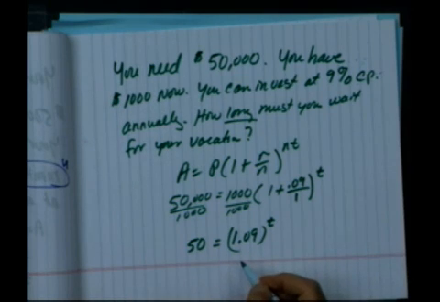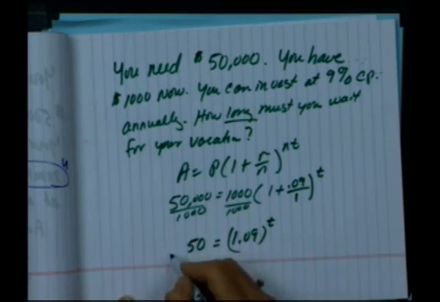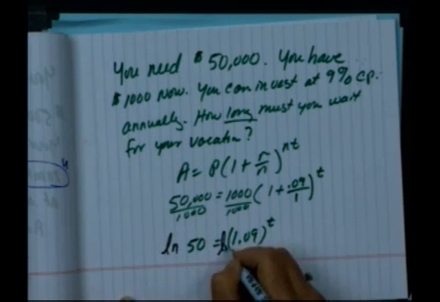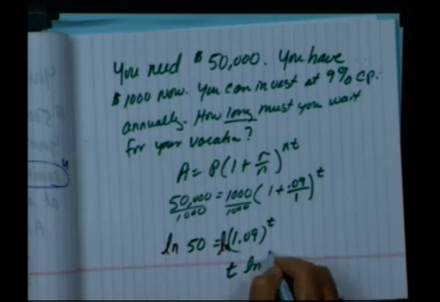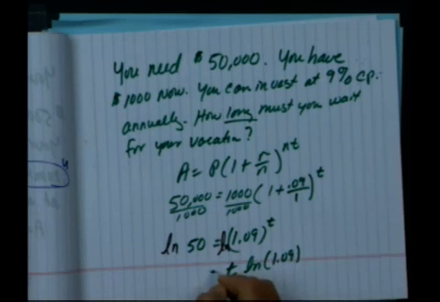You could put it in log form, or I really like just taking the natural log of both sides, so I don't have to use the change of base formula. Is that okay? So let's take the natural log of both sides. Where does this t right here go? In front. t natural log 1.09 equals natural log of 50.